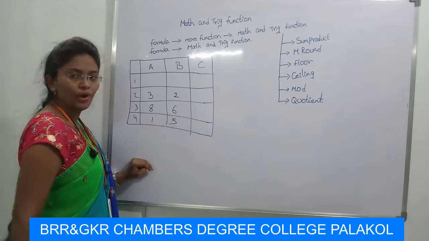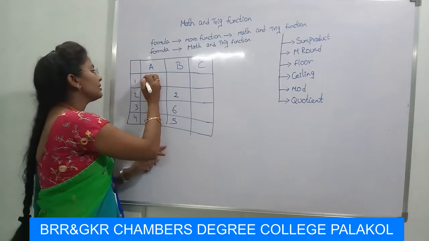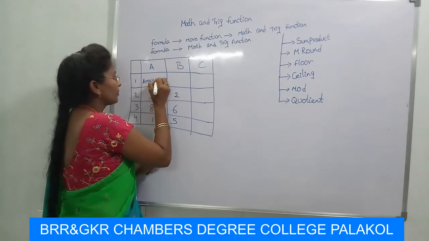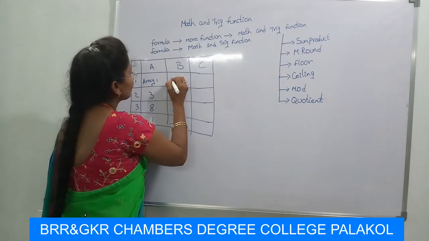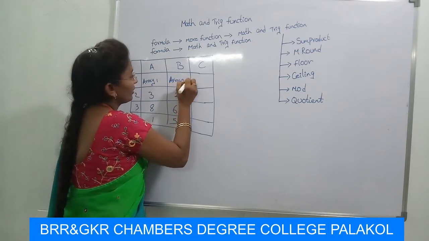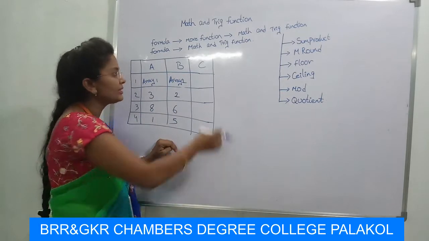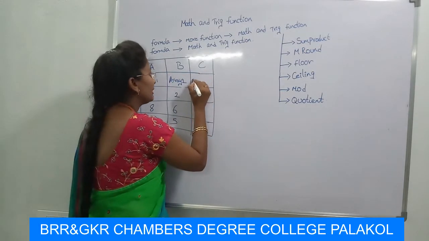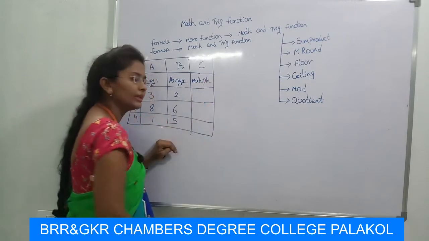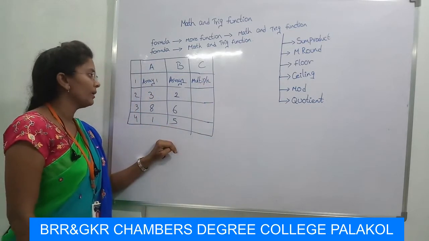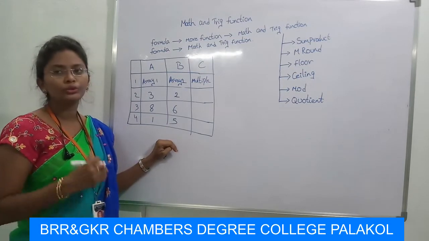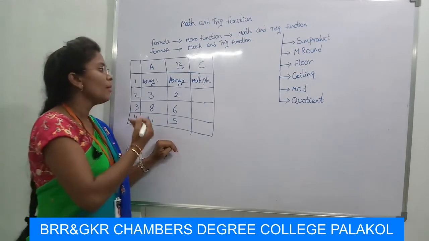Here I am naming this data as array 1 and next one is array 2. In C column I am taking the name as multiple. I have to multiply these cells by using the multiplication symbol.